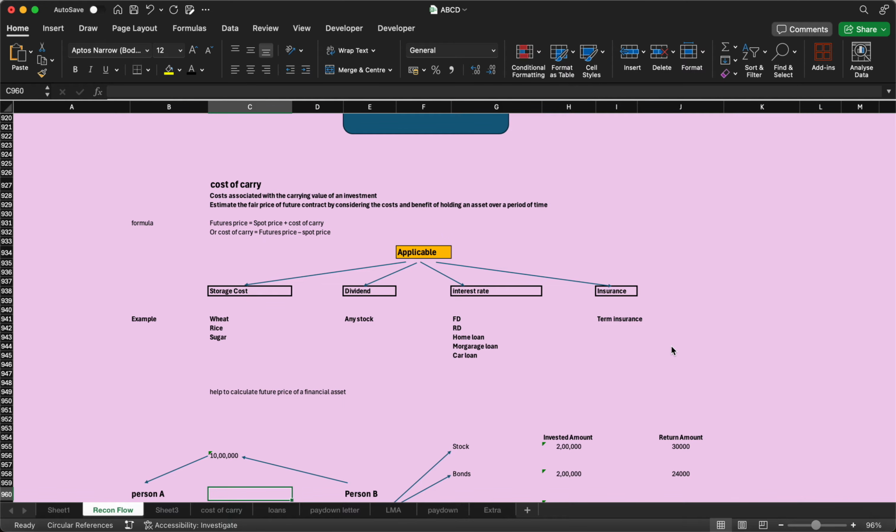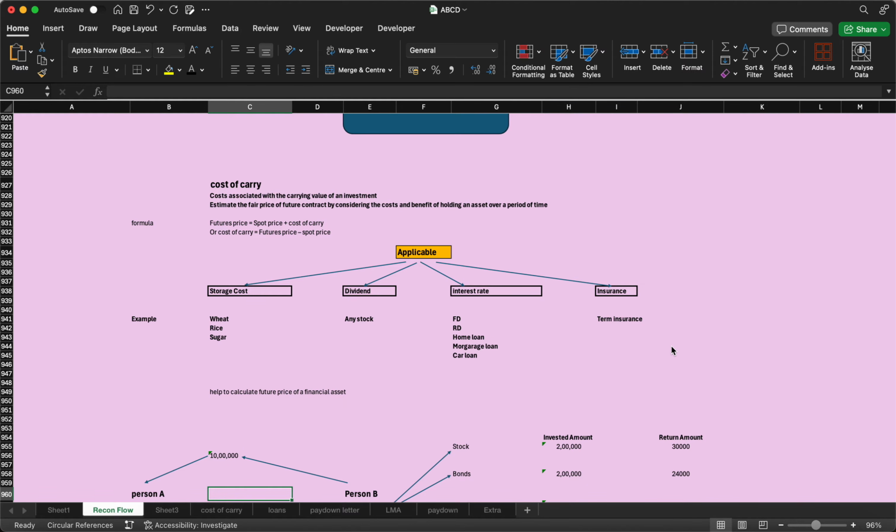Why is it important at a fund level, or investment banking level, or the reconciliation level, or from a future perspective? Because if you have 10 lakh rupees of wheat and you are spending 50,000, the wheat value goes to around 10 lakh 50,000, and whatever profit you get will be above 10 lakh 50,000.